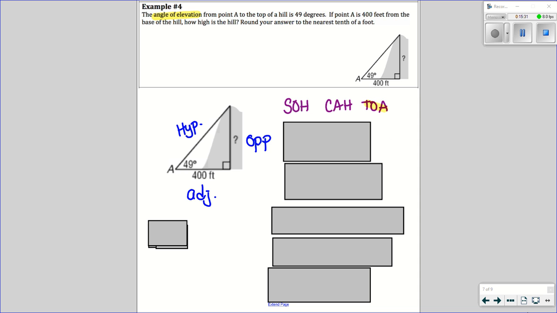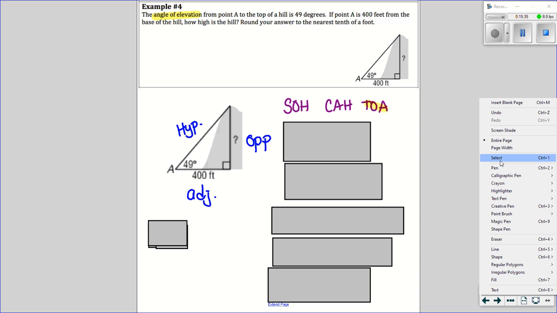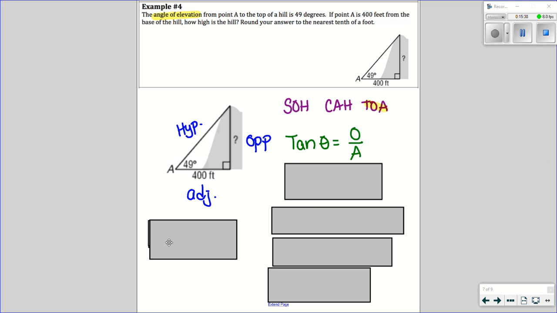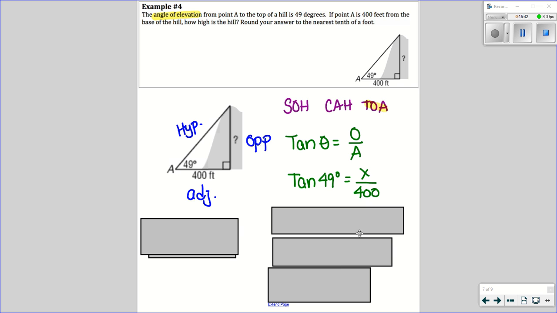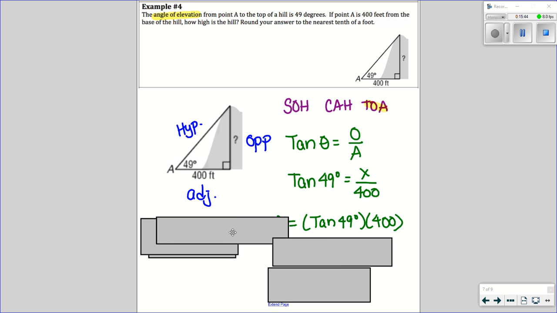And since we already have an angle and we're looking just for a side, it'll be a regular function, so no inverse. So tangent of the angle equals O over A. Tangent 49 equals x over 400. We cross multiply. We find the value of tangent, just pressing tangent and 49, not the inverse.